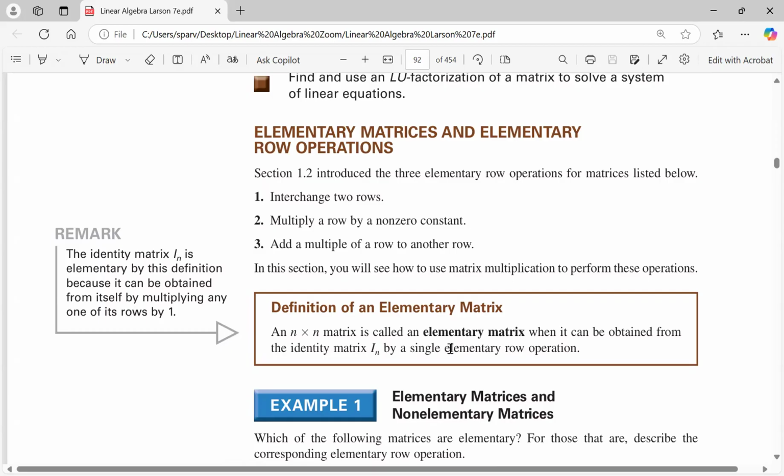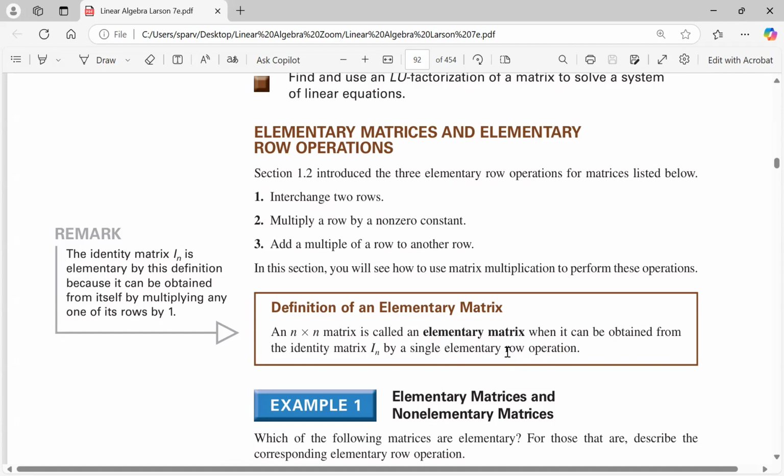Now remember, elementary row operations, we had 3 of them, correct? Just to recall, we can switch rows. That was one operation. And we can multiply any row by a non-zero constant. That's elementary row operation number 2.